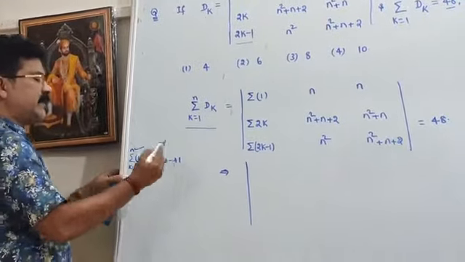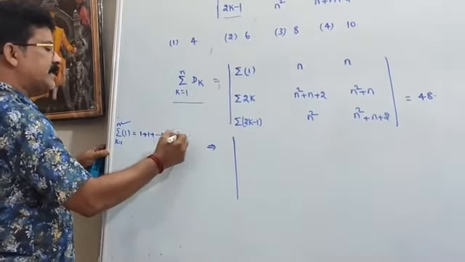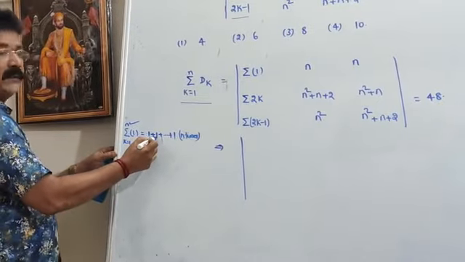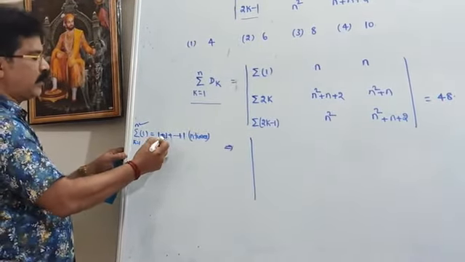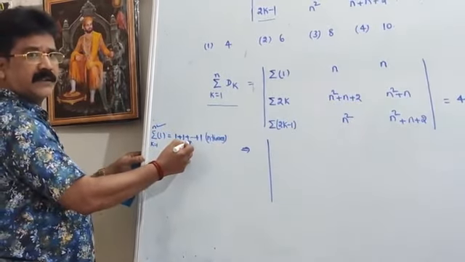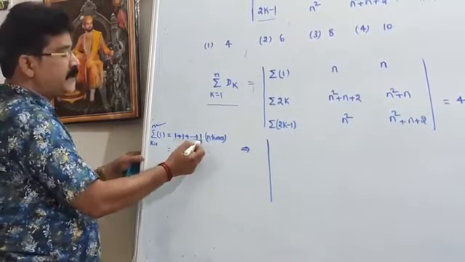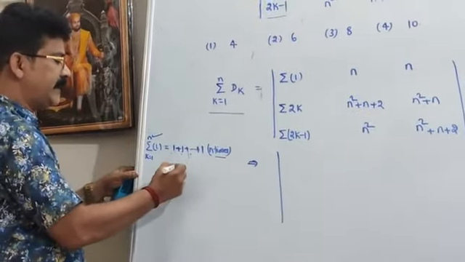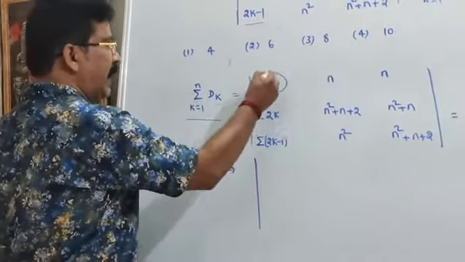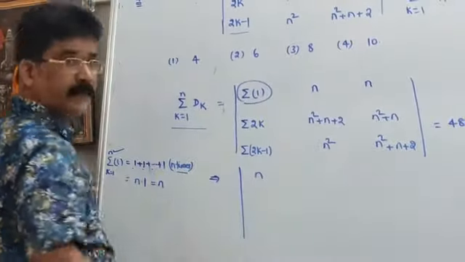How many times? Total n times. So therefore 1 plus 1 is 2, because 2 times. 1 plus 1 plus 1 equal to 3, because 3 times, 3 into 1. In the same sense, it is n times, means n into 1. That is equal to n. So its value is equal to n.